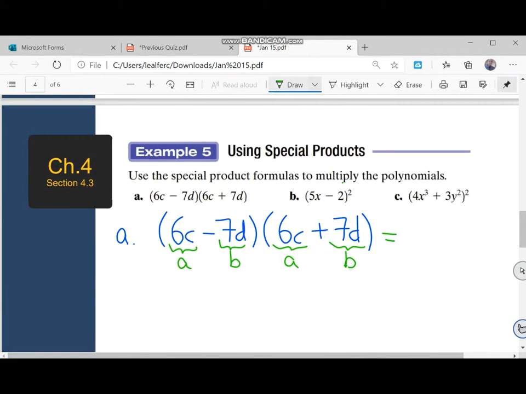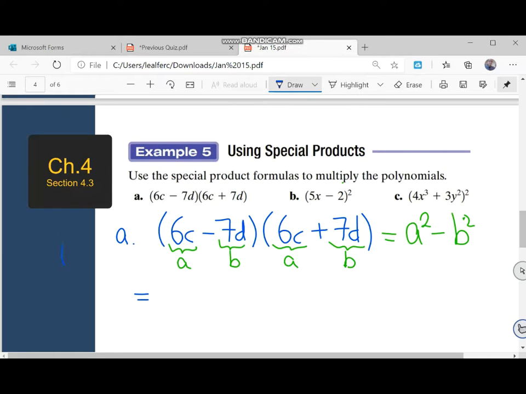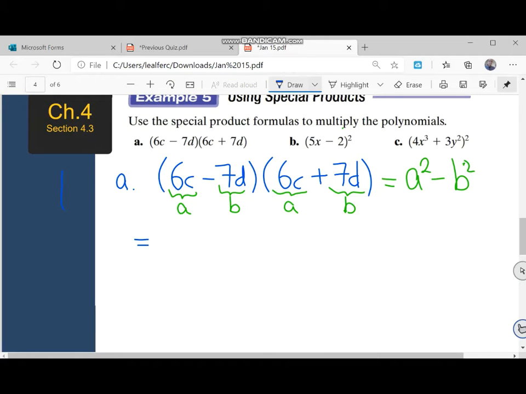Straight away, you're going to write here, a squared minus b squared. That's it. Now you have to substitute a with the actual term. So a is 6C, right? So it's 6C squared minus b, which is 7D, squared. This is the answer. Now I have to simplify, applying properties of exponents to get rid of the parentheses.